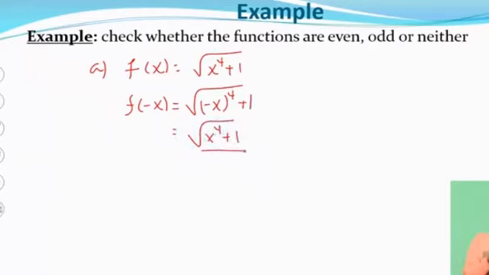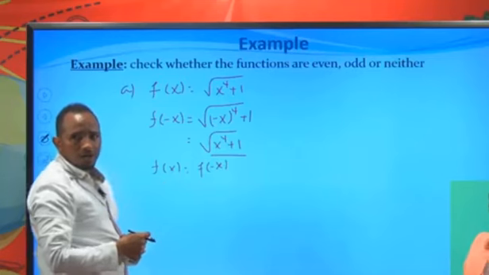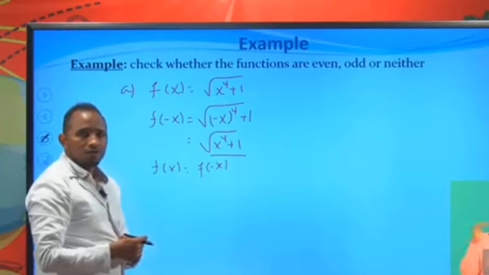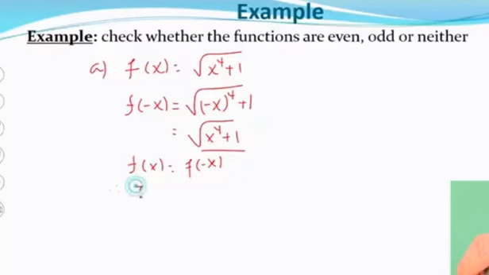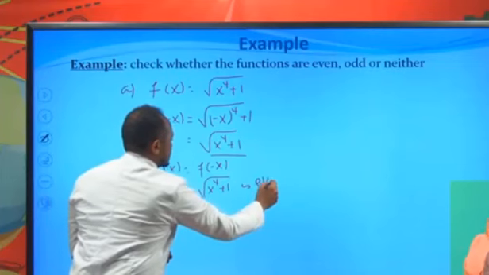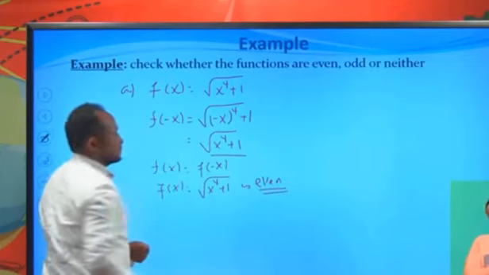As you can see, f of x is the same as f of negative x. If f of x and f of negative x are equal, then the function we call even. Therefore, f of x equal to the square root of x to the power of 4 plus 1 is an even function.